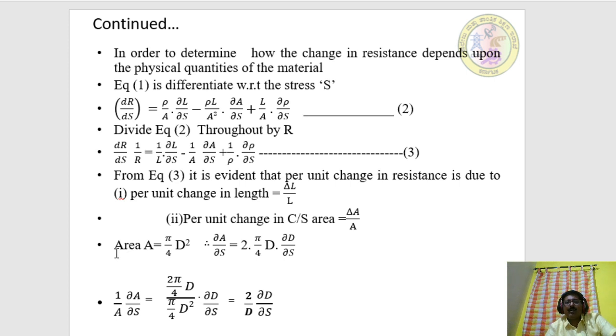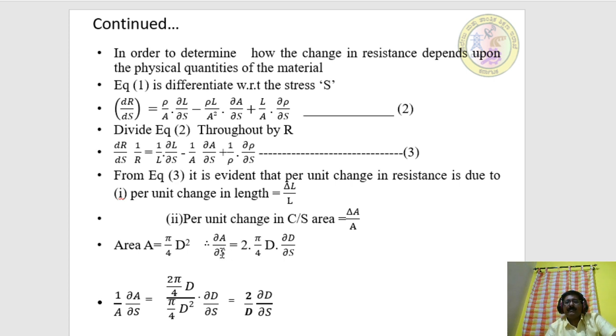We are well aware that the wire's cross sectional area A is equal to pi by 4 d square, where d is the diameter of the wire. Then differentiate this area with respect to S once again.